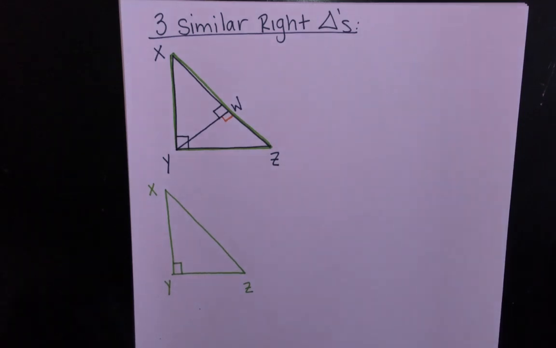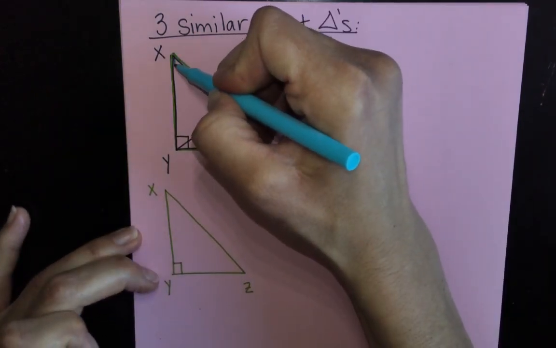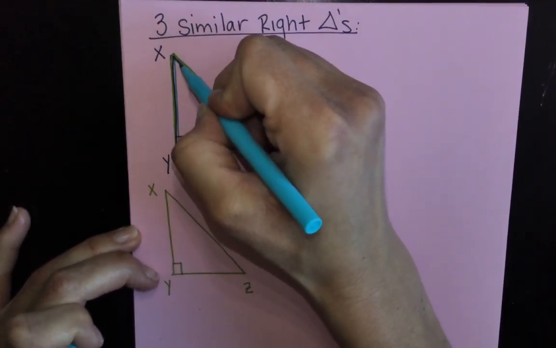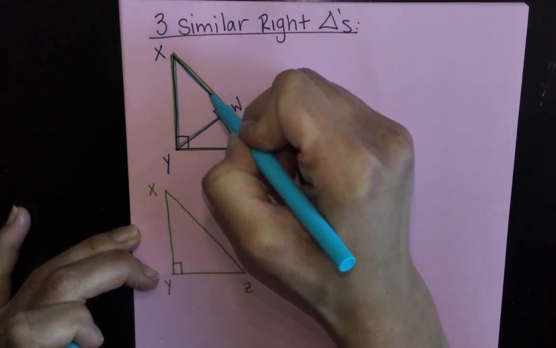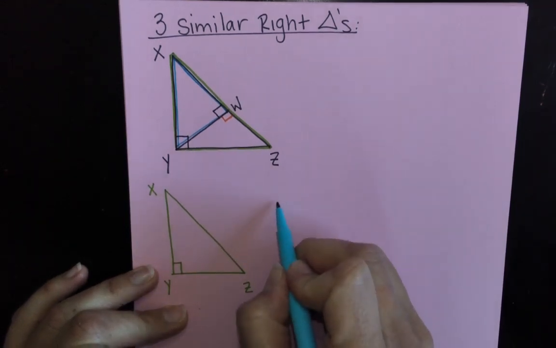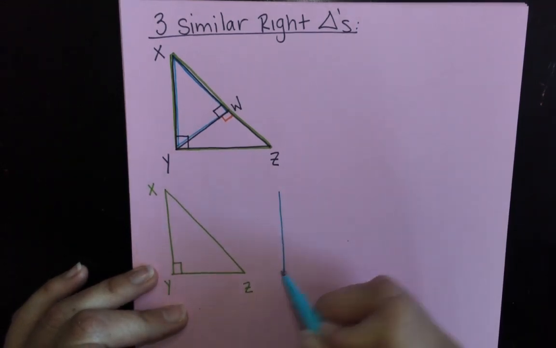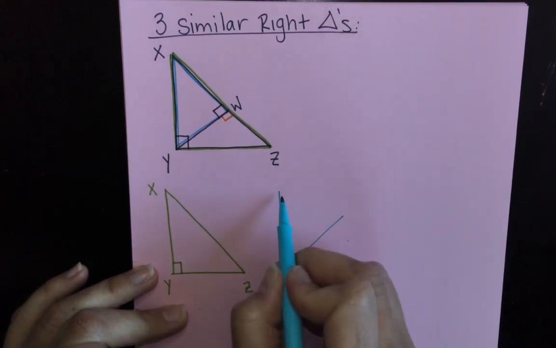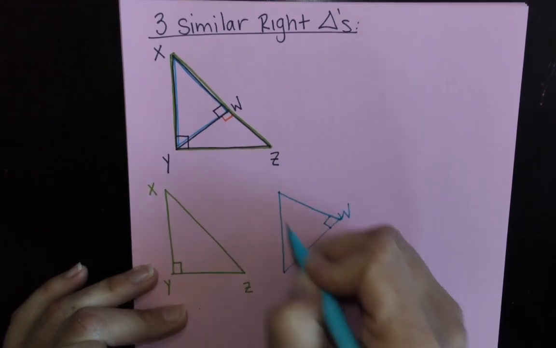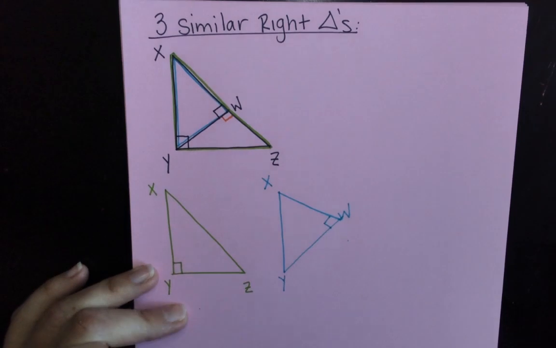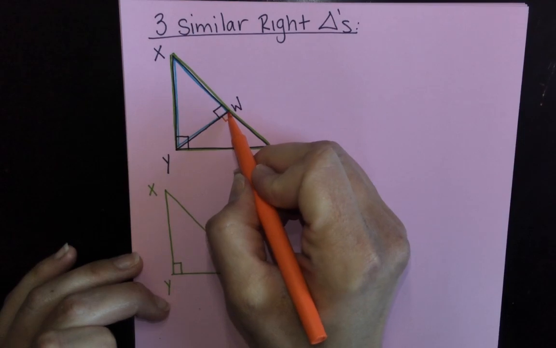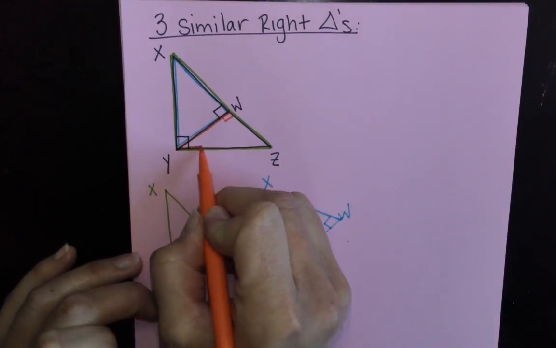Then I'm going to draw this right triangle. And notice that I'm using X and Y again, but now I have to incorporate that W. So that guy is going to look like this, this, and this. So here's our W, here's X, and here's Y. And last, we're going to draw this guy.